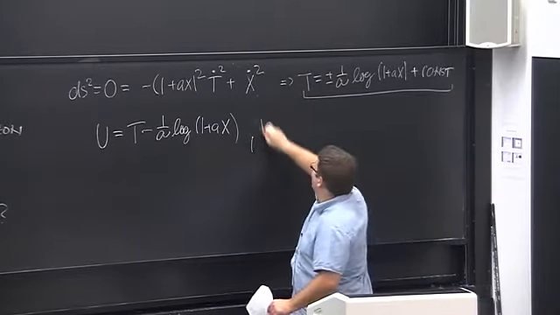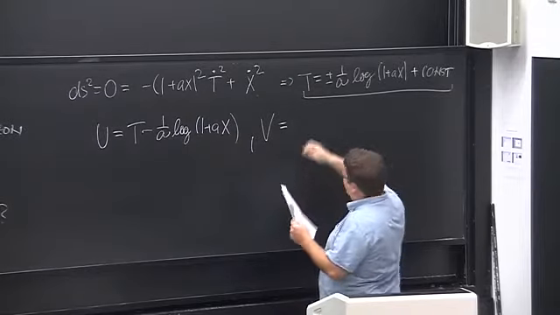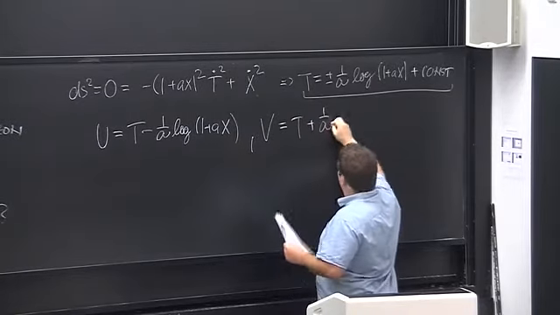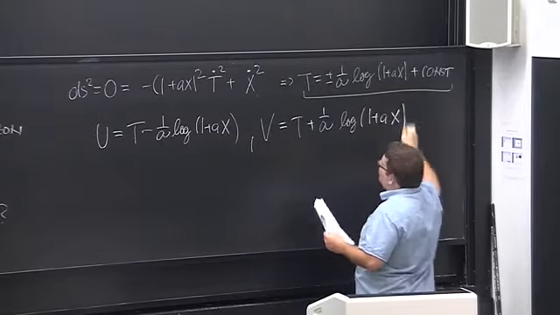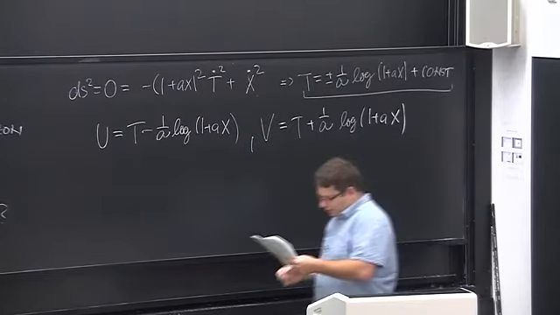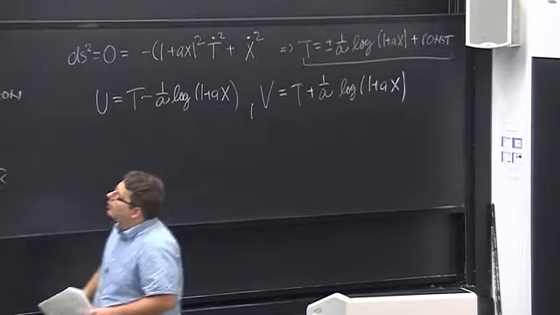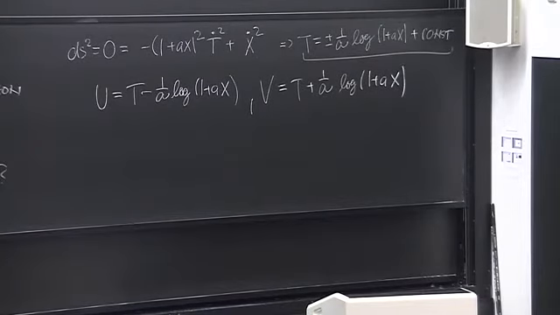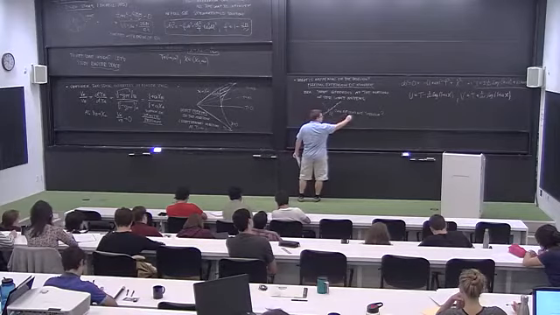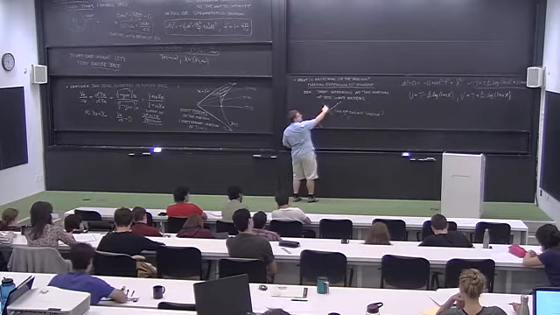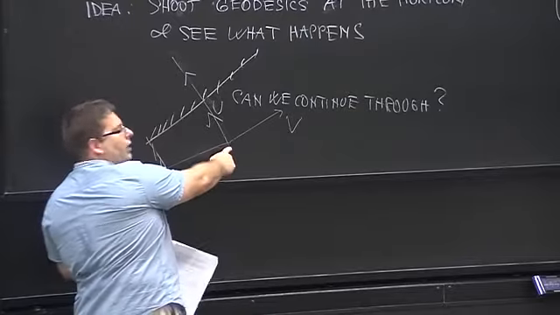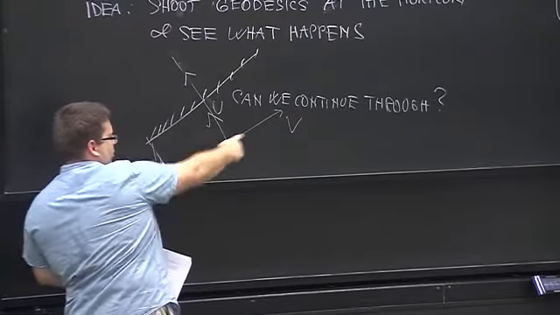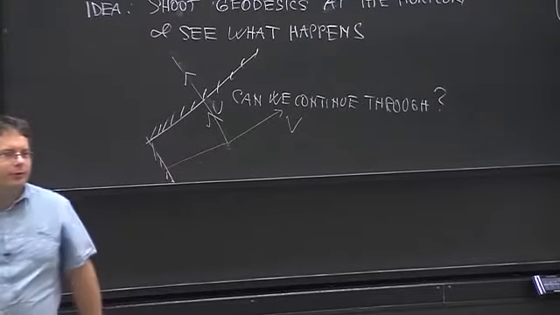Then v, with the plus sign, is t plus 1 over a logarithm of 1 plus ax. So this is my new coordinate u, this is my new coordinate v. This geodesic, which is trying to penetrate this horizon, has v equal to constant, v equal to 0, let's say. And this geodesic, which penetrates this thing, has u equal to constant.